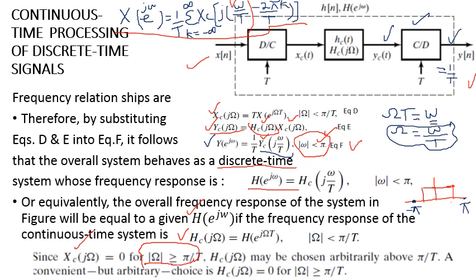A convenient but arbitrary choice for H_c(jω), the frequency response of the continuous time system, is that it is equal to 0 for the frequencies outside the Nyquist range. I hope this gives you some idea.